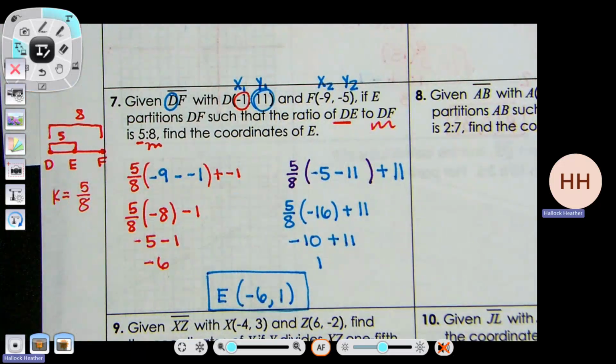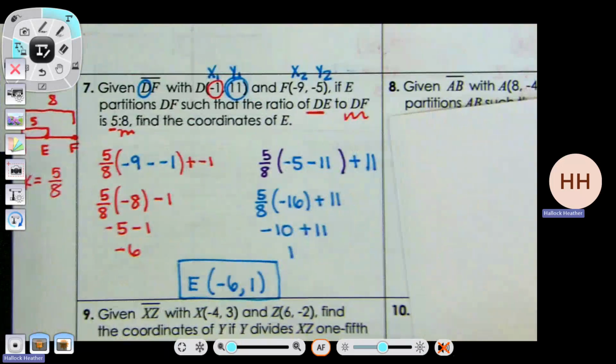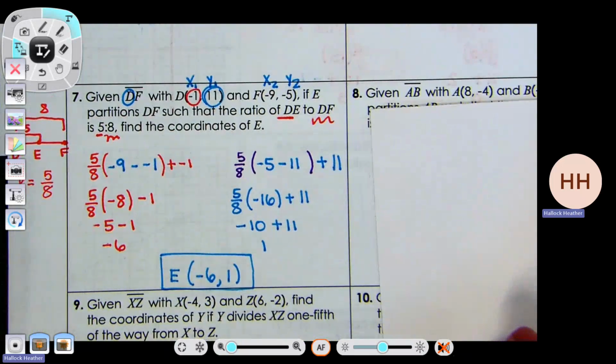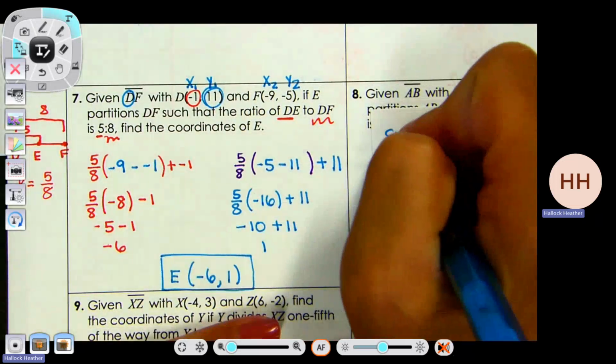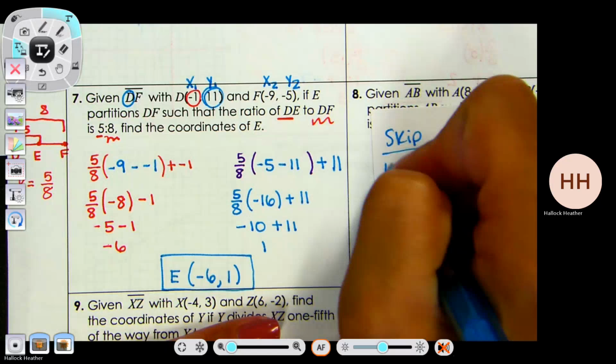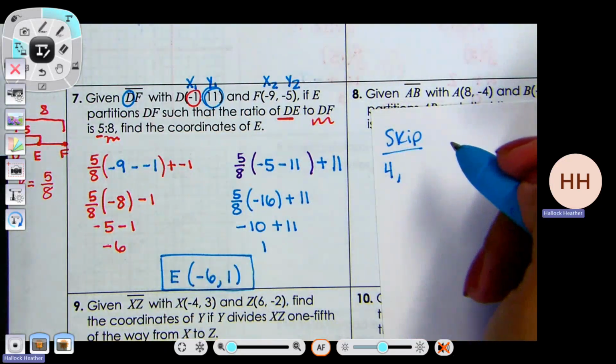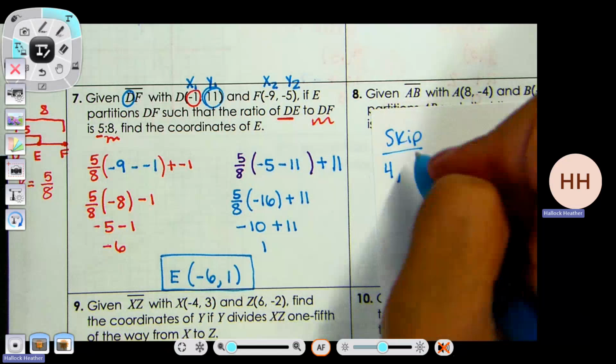Okay, so I'm going to tell you which ones I want you to cross out. I'll write it down on like a sticky or something, so that way you can see it. Okay, so the ones I want you to skip, you can scribble these out. You don't have to do them. I want you to skip number 4. Cross that bad boy out. You can skip number 11.